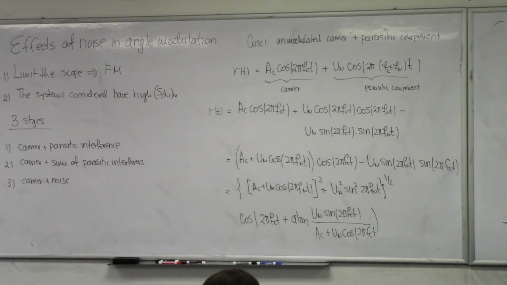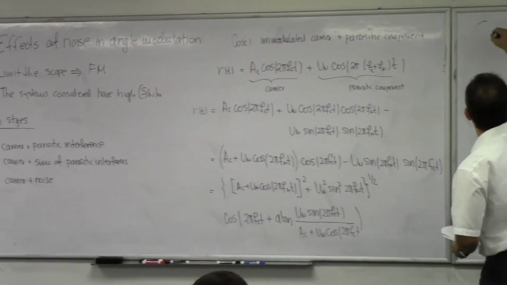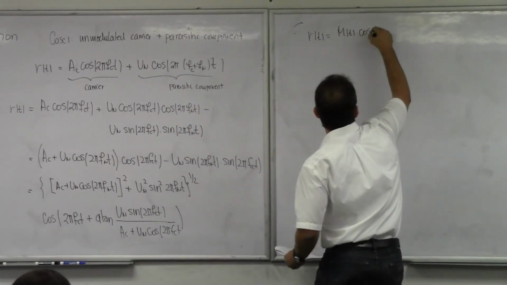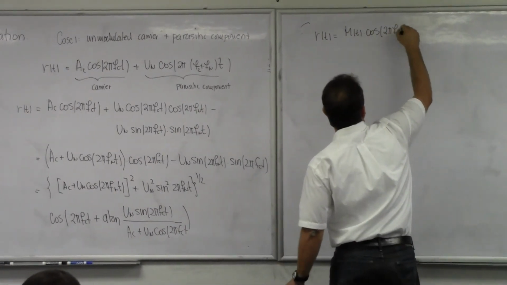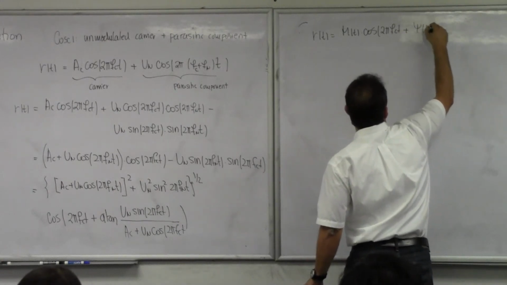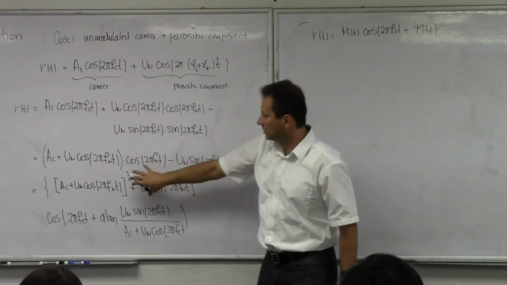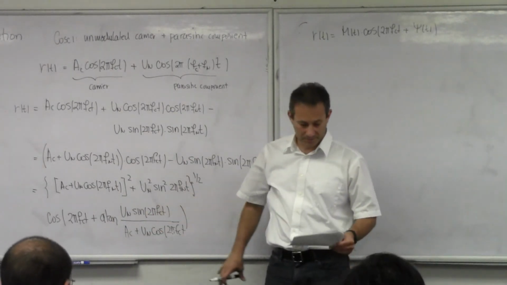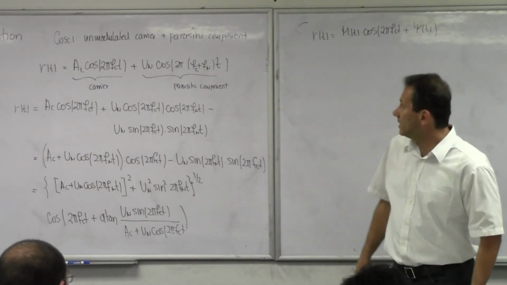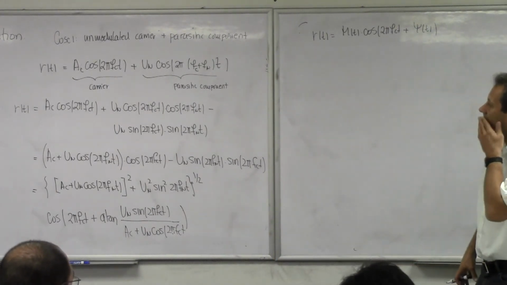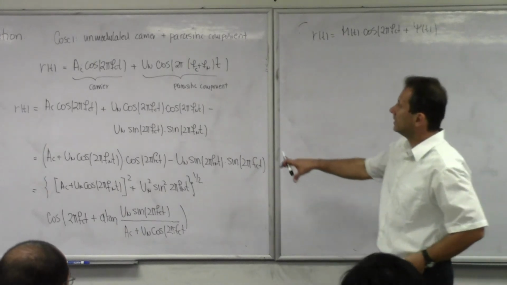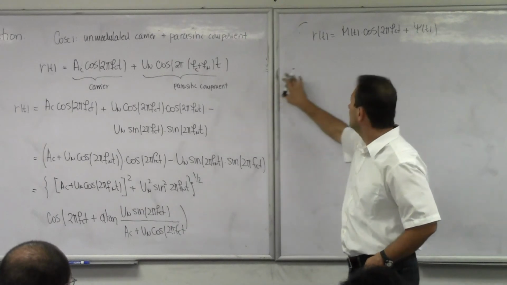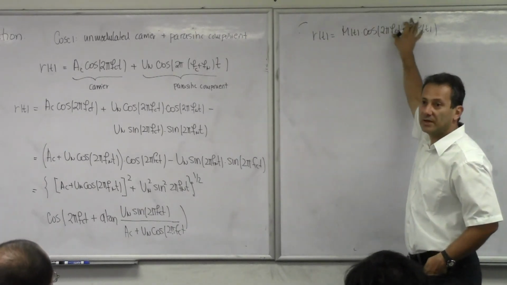But before we go there, what you realize is this: r(t) is m(t) times cosine of 2 pi f_C t plus psi(t), where m(t) is the magnitude piece and psi(t) is the changes in phase. The big understanding here is that the presence of this parasitic component modulated my signal, both the amplitude and the phase.